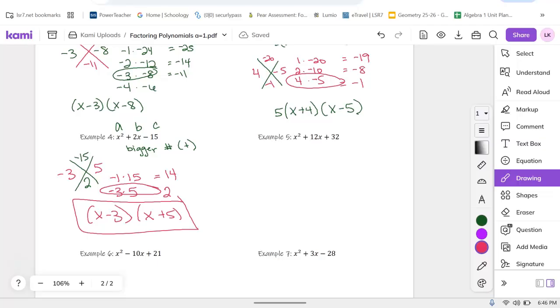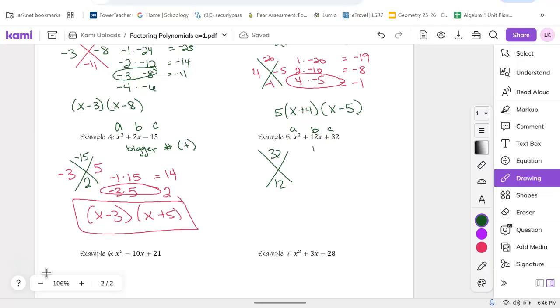Example 5. x squared plus 12x plus 32. Again, I cannot take the GCF out. So I have a, b, and c. Both are positive, so it means both factors will be positive. My c is 32, my b is 12.